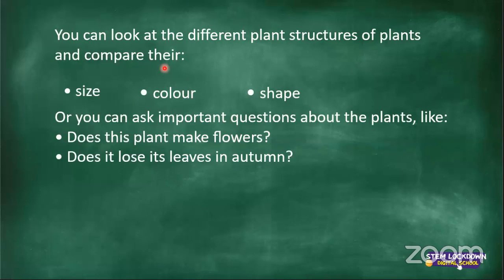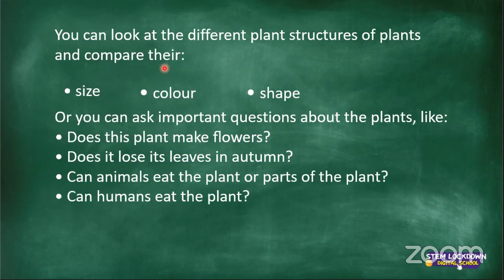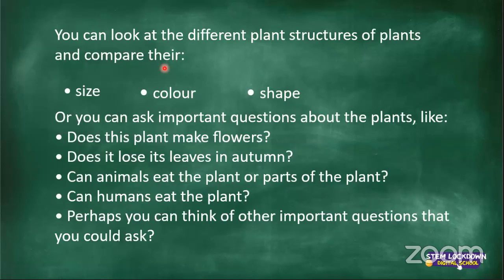Does it lose its leaves in autumn? Do animals eat the plant or parts of the plant, and of course then can humans eat the plant? These are all questions you can ask when you compare two plants with each other. And then you guys can also think of some other important questions that you could ask when you compare plants.